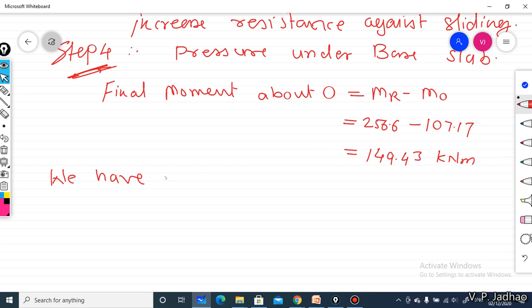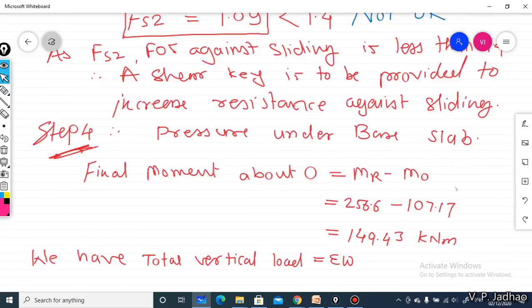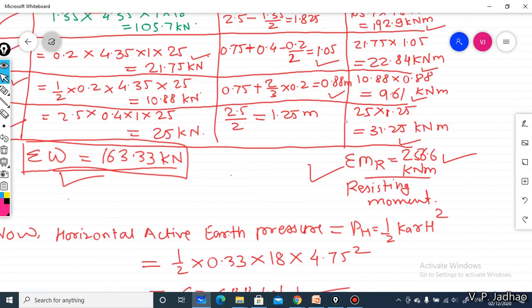Okay, and at the same time we have the total vertical load, that is the summation of W1, W2, W3 and W4, the summation of all these forces.